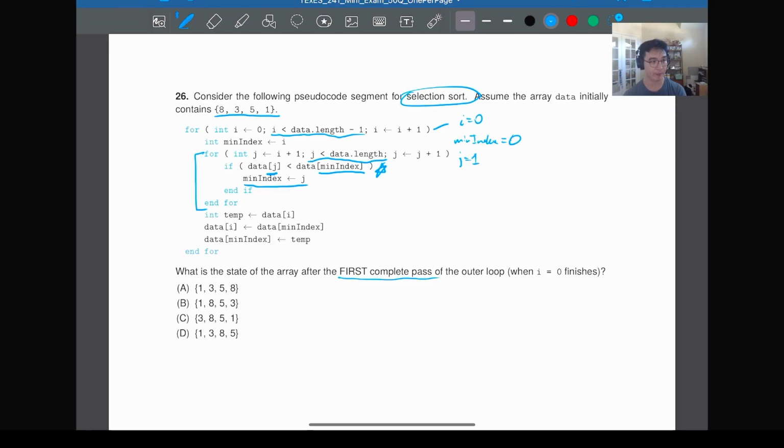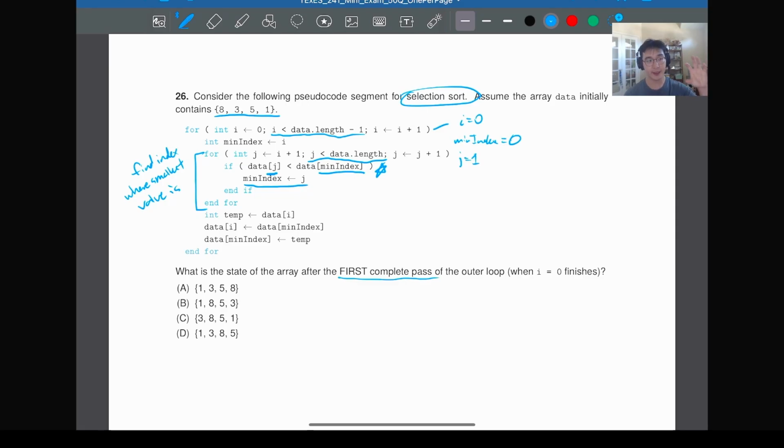So this inner for loop is: find the index where the smallest value is.